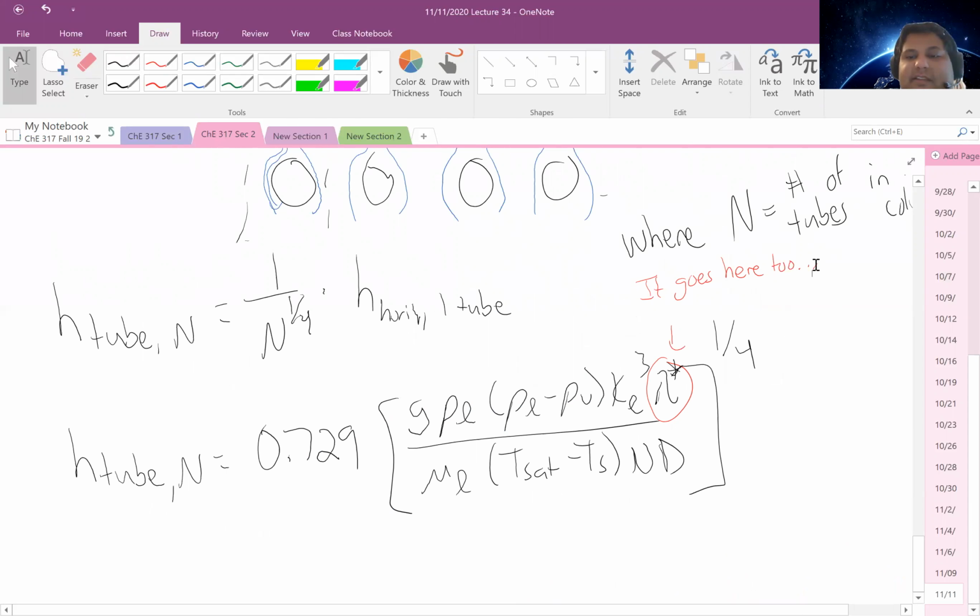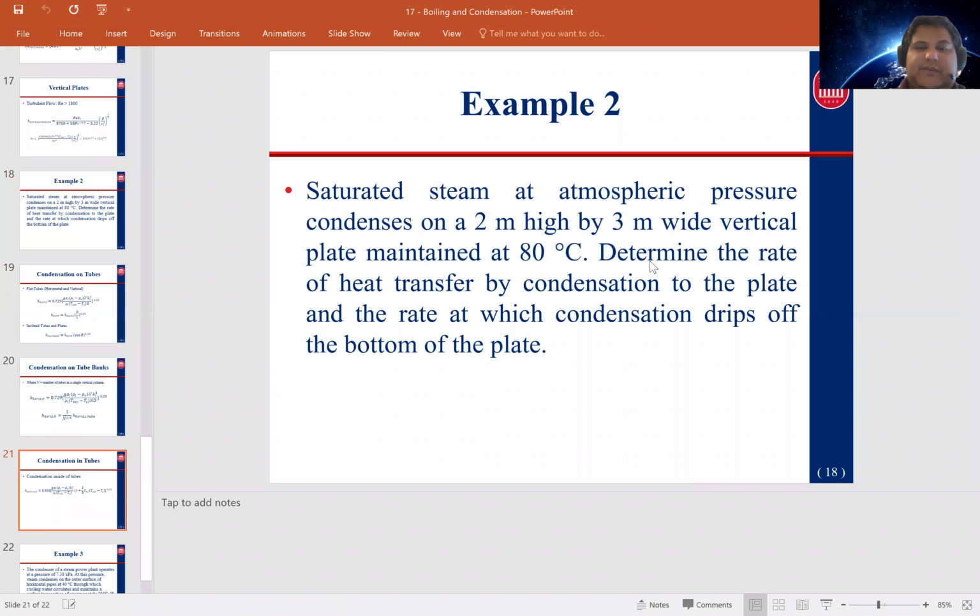All right, so that wraps up looking at condensation heat transfer rates on tubes and on tube banks. Now, there is an expression for heat transfer coefficients within a tube.